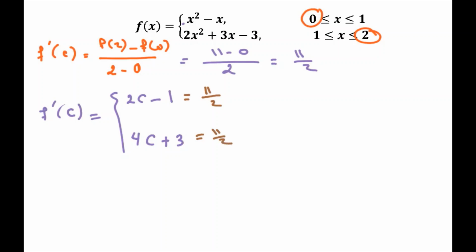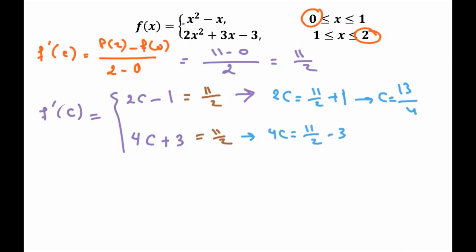Now by solving the equations, for the first one, 2c equals 11 over 2 plus 1, so c is 13 over 4. For this one, 4c equals 11 over 2 minus 3, so c will be equal to 5 over 8.